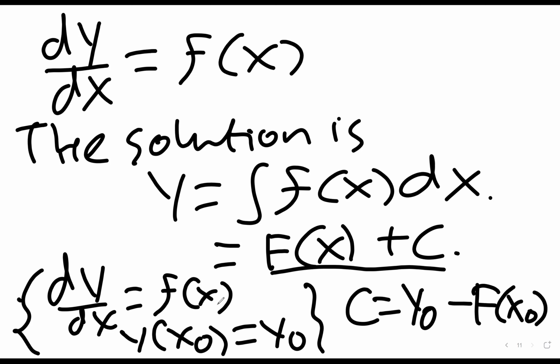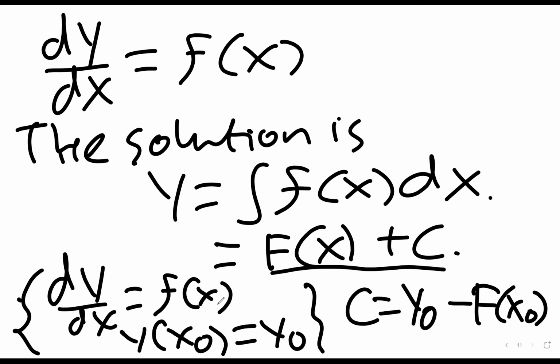Okay. So that's the difference. For the differential equation, the solution is the antiderivative plus the constant. So there are infinitely many solutions because there are infinitely many c here.